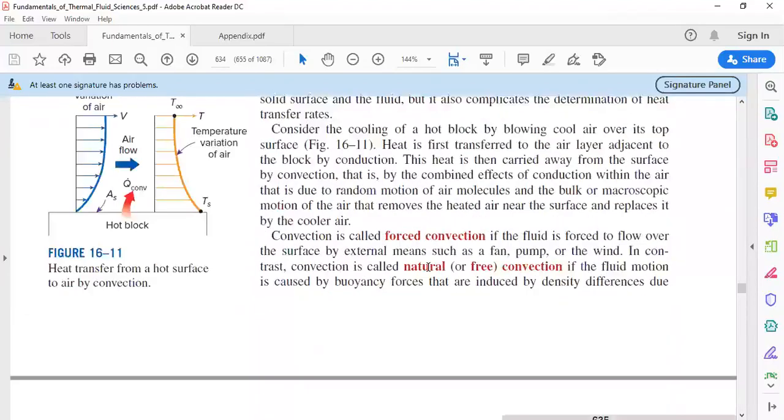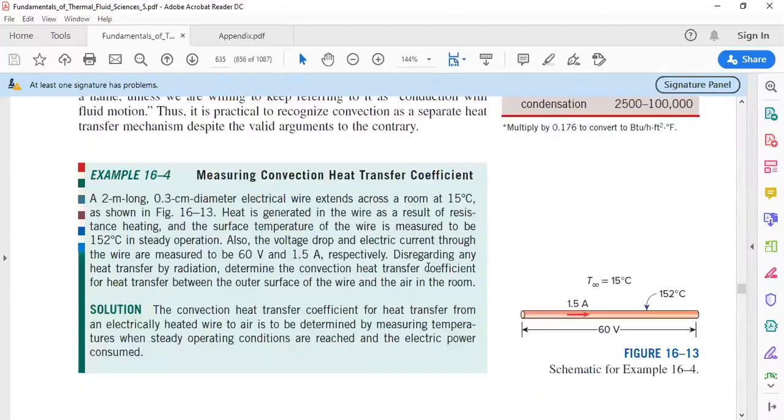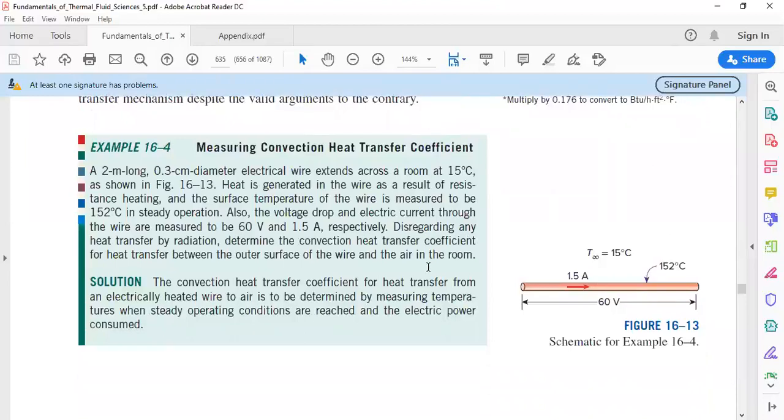All right, let's move to example 16, for measuring the convection heat transfer coefficient. Here we have a 2 meters long, 0.3 centimeters diameter electrical wire that extends across a room at 15 Celsius degrees.